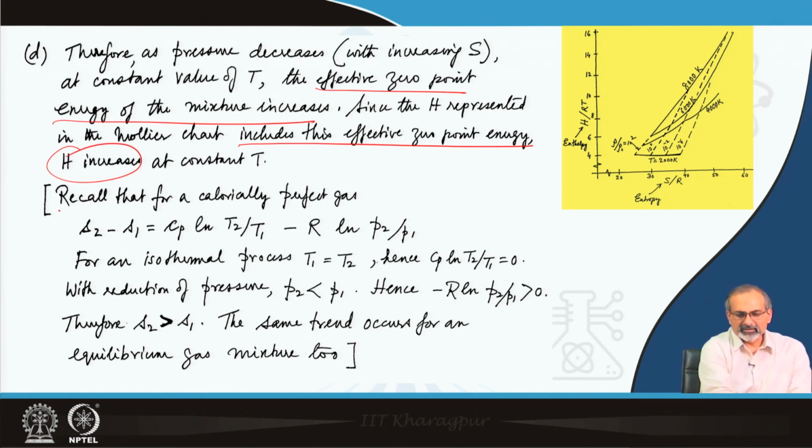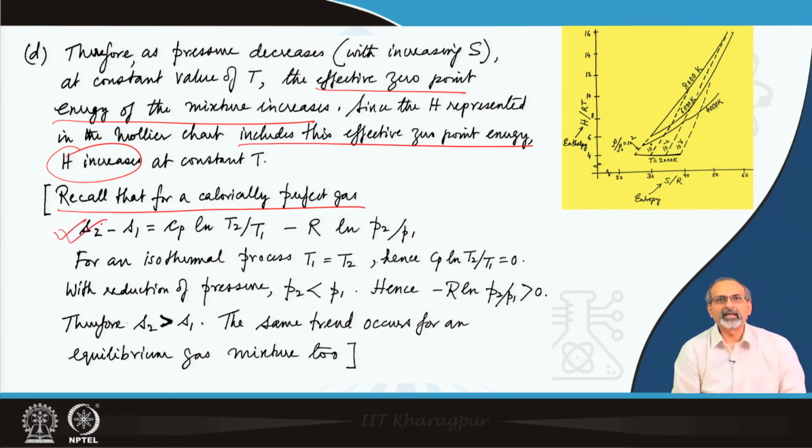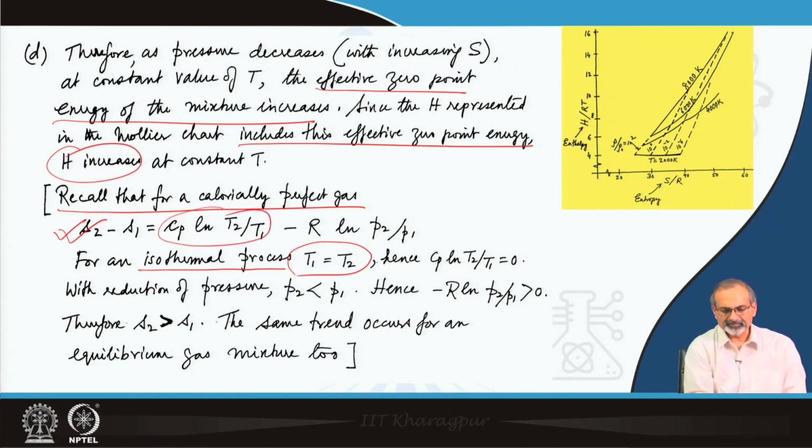Again, if you recall from a calorically perfect gas, the entropy change equation helps you to understand what is going on. If you assume an isothermal process, which is what happens when you follow an isotherm, you find that the temperature term contributes nothing.